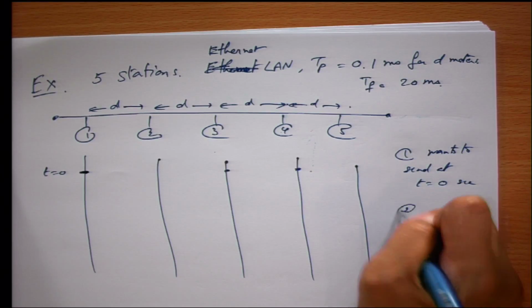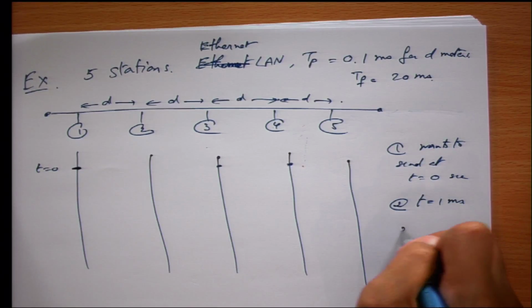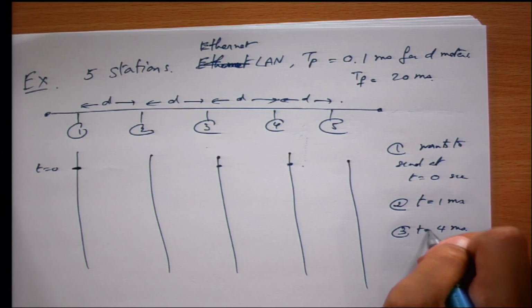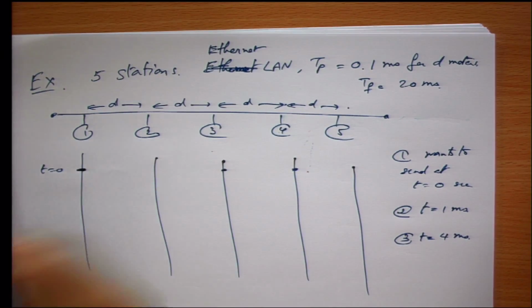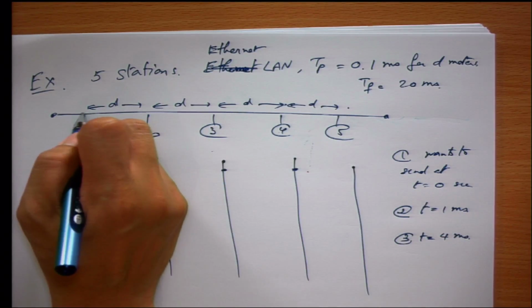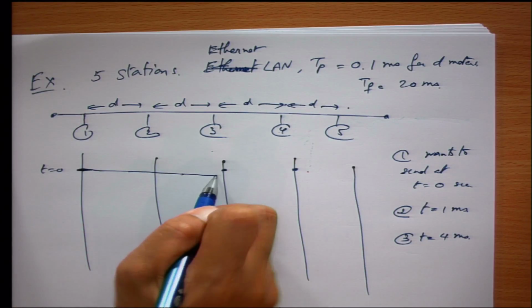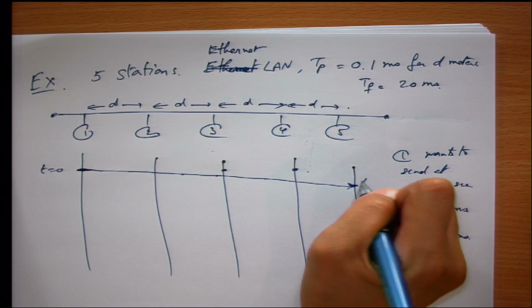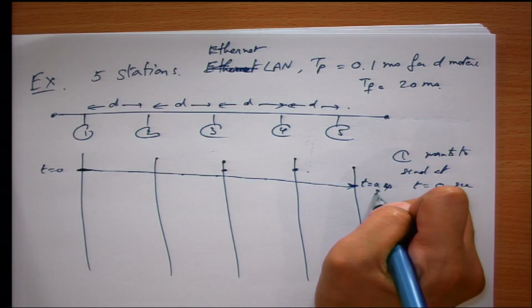Station 2 at t equal to 1 millisecond. Station 3 at t equal to 4 millisecond. What happened? Station 1 transmits at t equal to 0. The channel is free, so it starts transmitting. This is t equal to 0.4 millisecond.